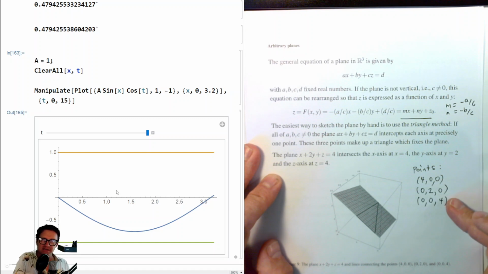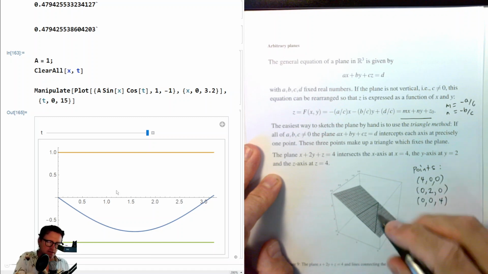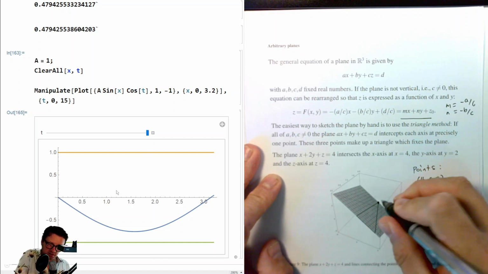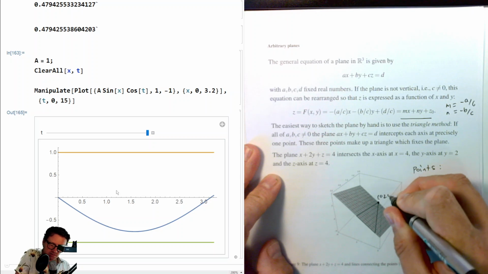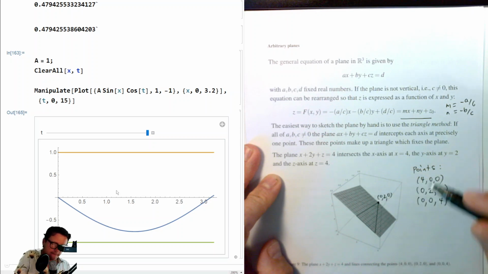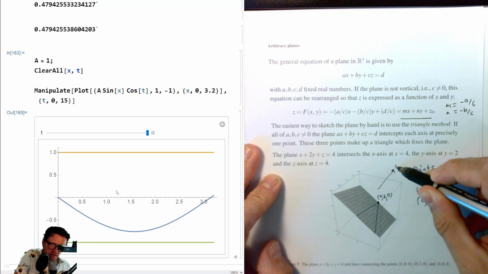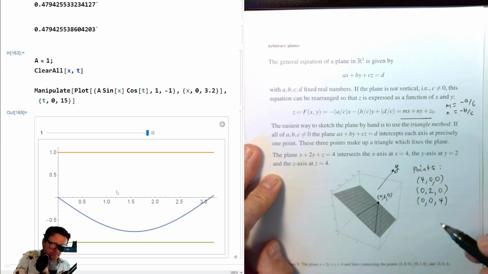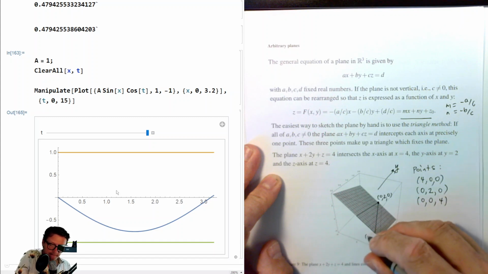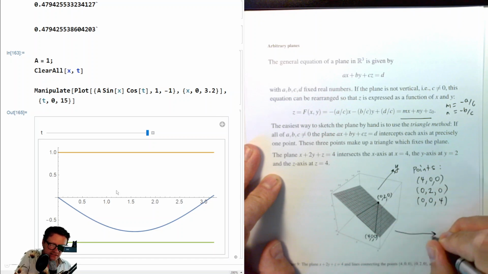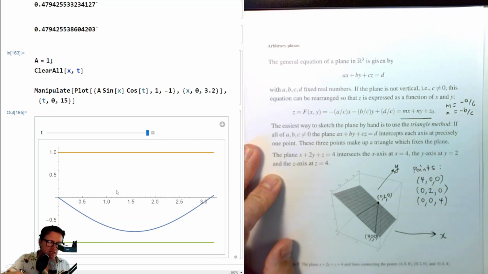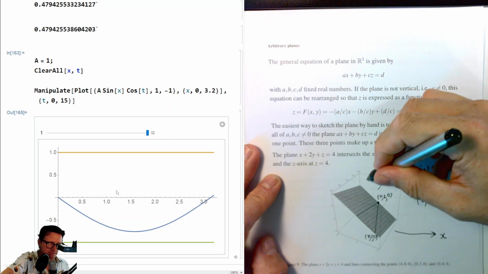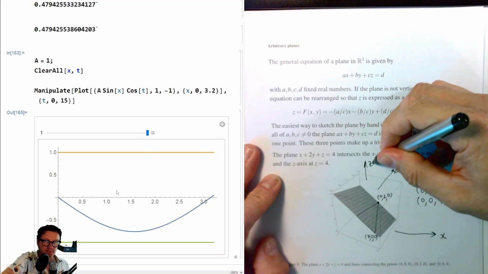So we have 3 easy points on the axes, and that's here, which is the point 0, 2, 0. So the y-axis comes out this way. And then this is the point 4, 0, 0. So the x-axis comes out this way, and then the z-axis comes out this way.